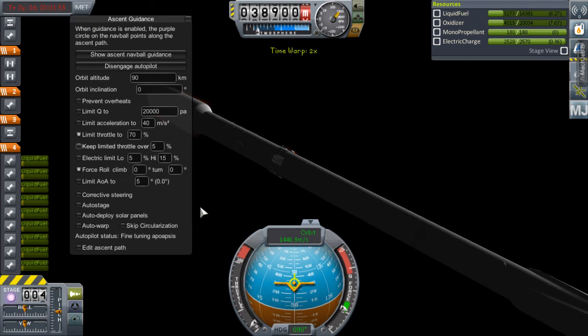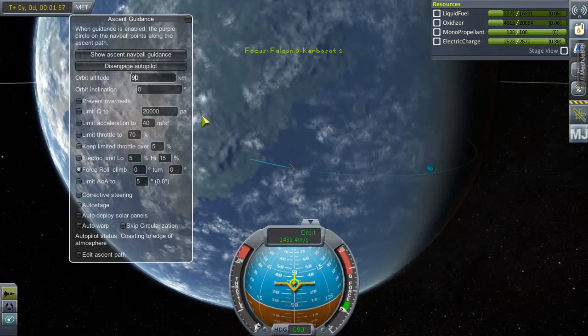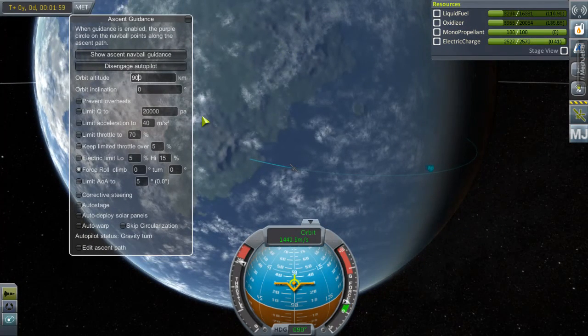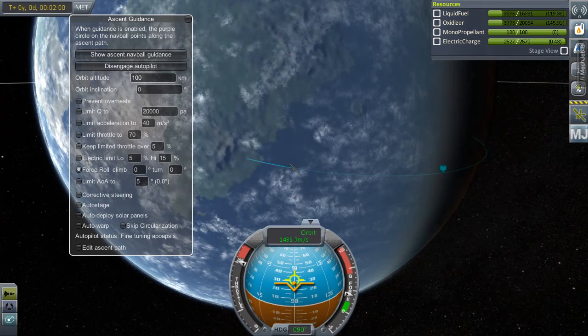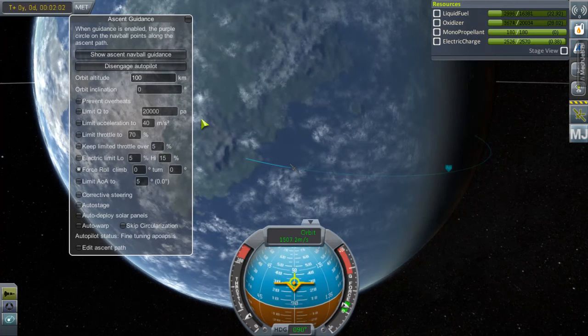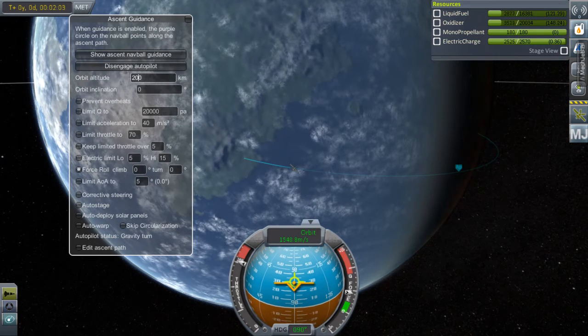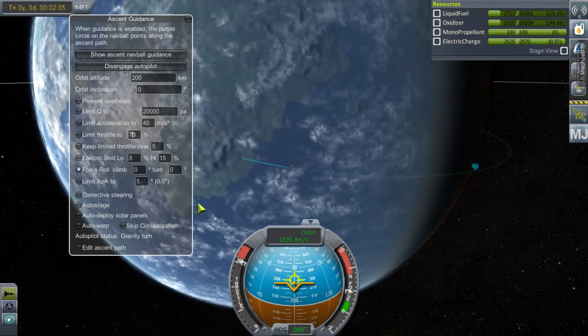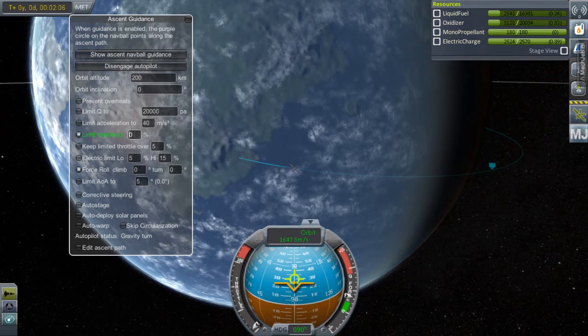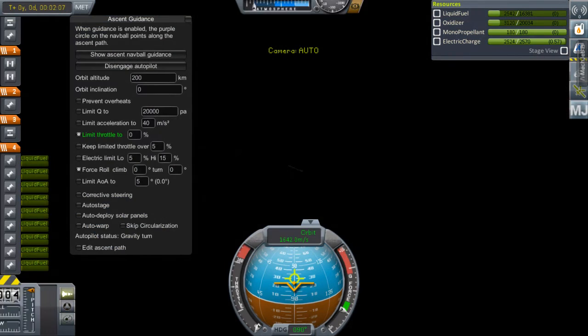About 4,000 units of fuel remaining. Throttle limiter set 0 active.